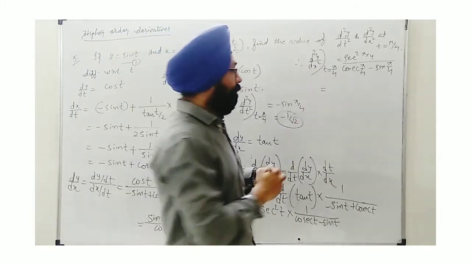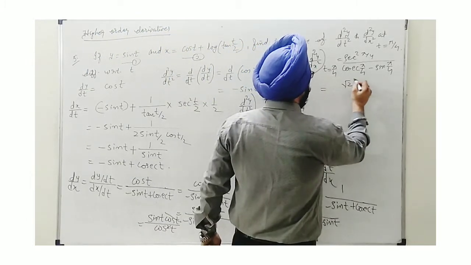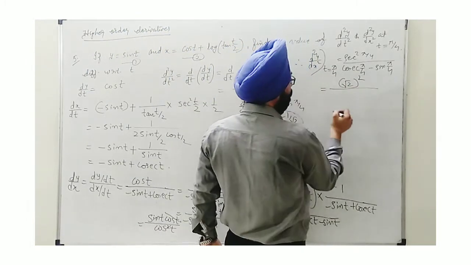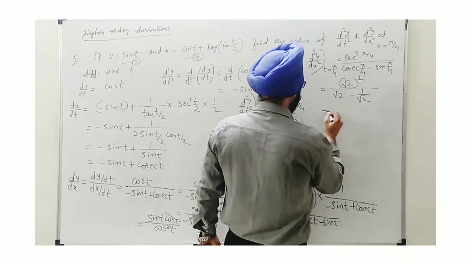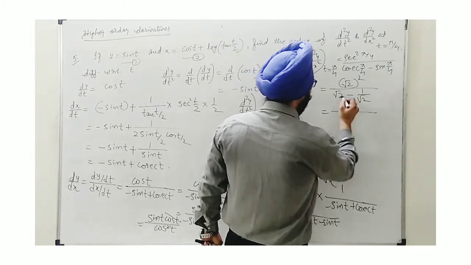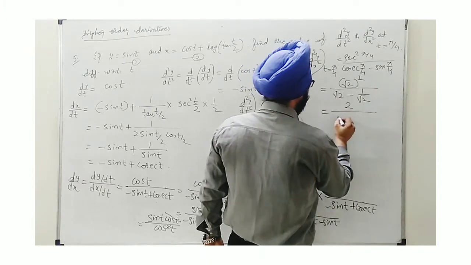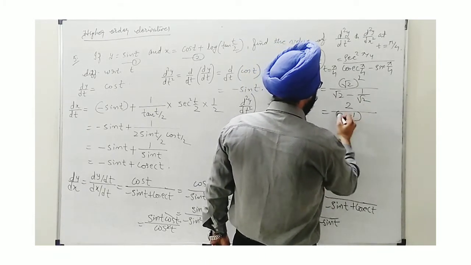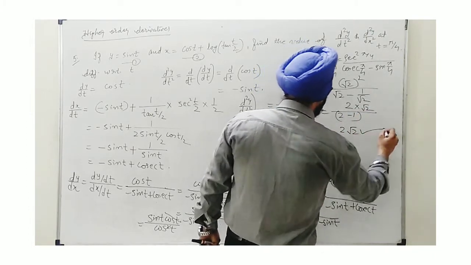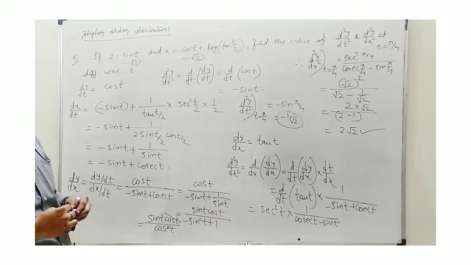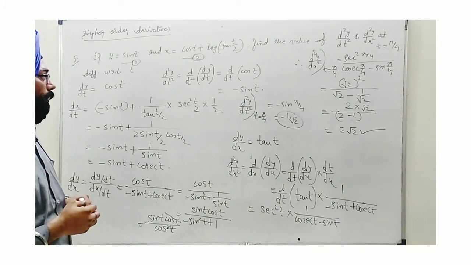Sec pi by 4, its value is root 2, squared. Cosec pi by 4 also is root 2, and this one is 1 by root 2. Let's simplify. We get 2 in the numerator. The denominator by LCM will become 2 minus 1, and LCM of root 2 will go up. So finally we have 2 root 2 as the value of d square y by dx square for t equal to pi by 4.